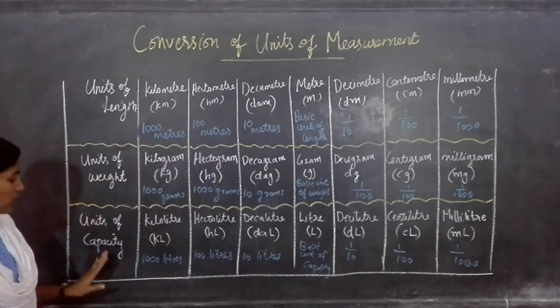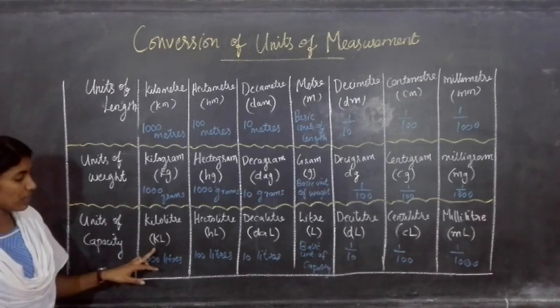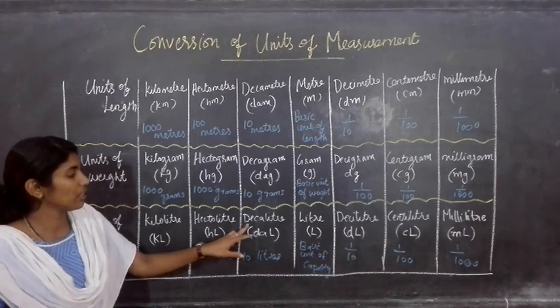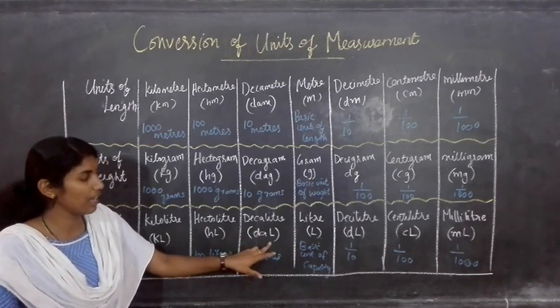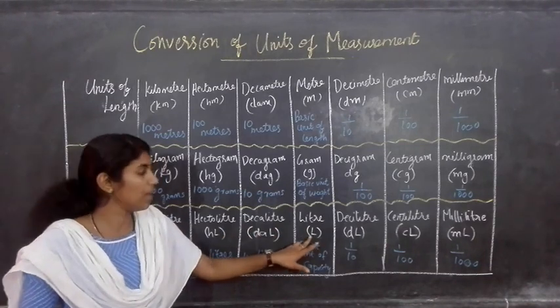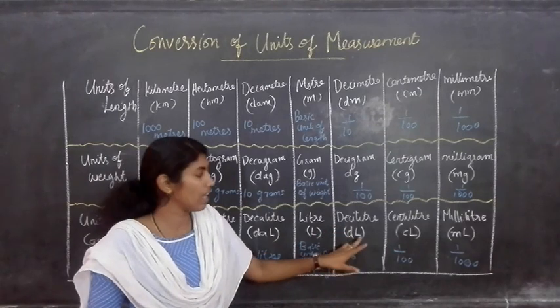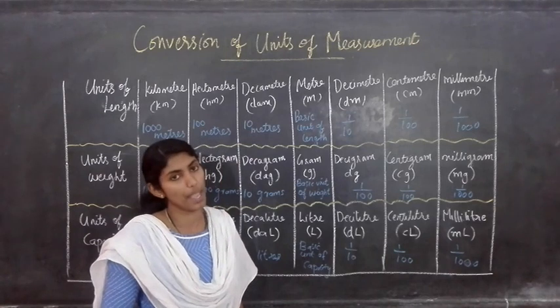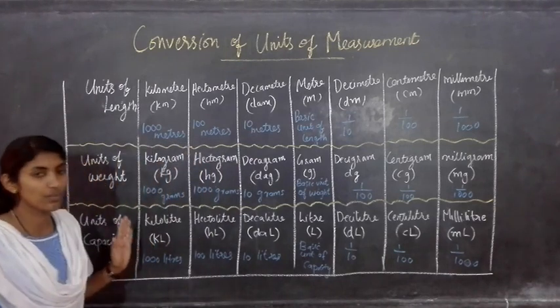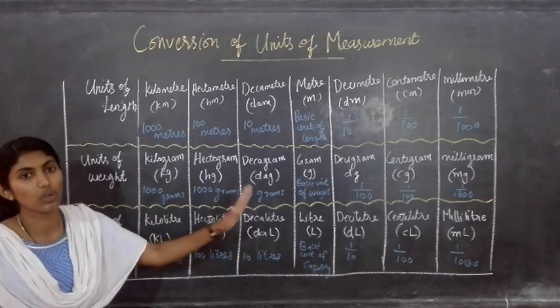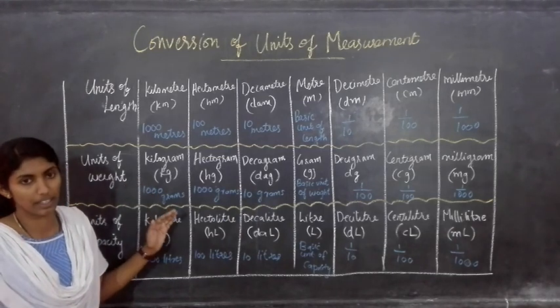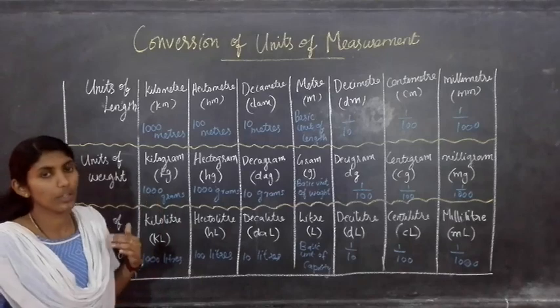Finally, the units of capacity are kiloliter, KL, then hectoliter, HL, then decaliter, DAL, then liter, L, deciliter, DL, centiliter, CL, and finally milliliter, ML. This is arranged from bigger units to smaller units. So you have to learn this by heart, then only you can do the following questions.